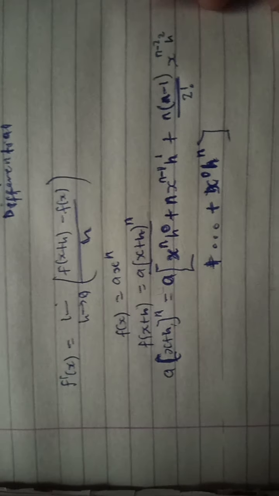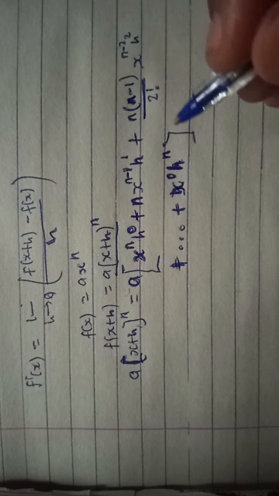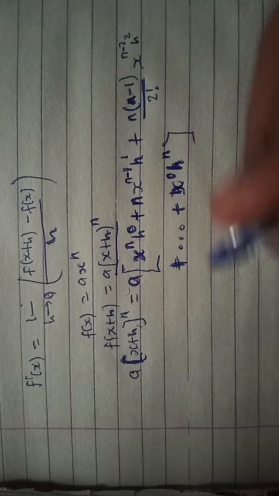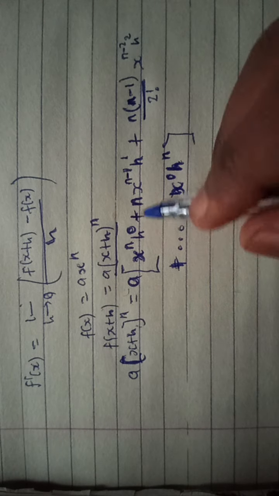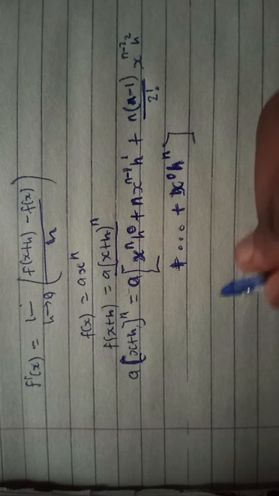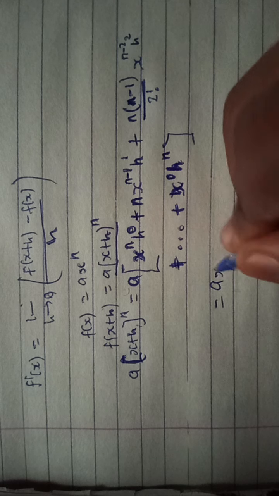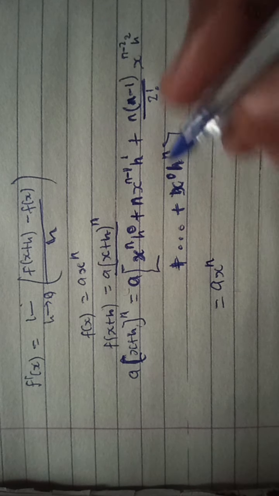So moving on, what will we do? Knowing that this will be our expansion, we now say let's expand this by multiplying a to all of them. So this will now be equal to a x n, and h power 0 is 1, as I told you earlier on.